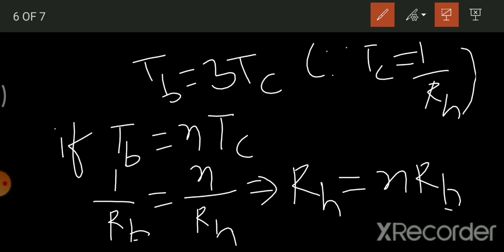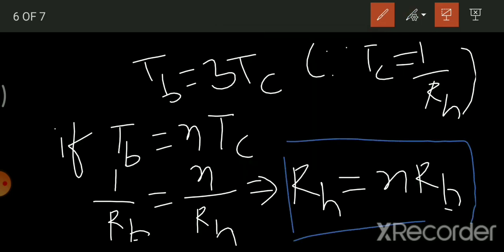In fast frequency hopping spread spectrum, this is very important, you can solve numericals with this. In fast frequency hopping, the hopping rate is an integral multiple of the bit rate. RB is the bit rate, RH is the hopping rate.